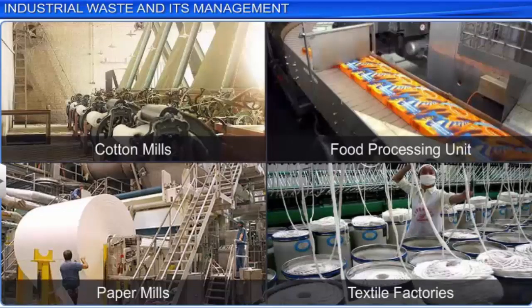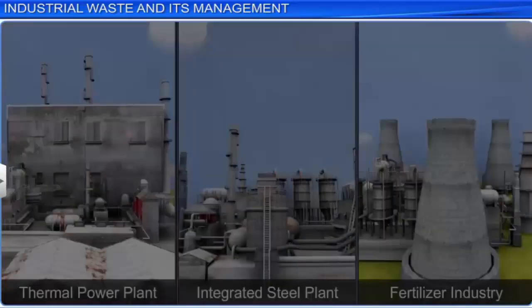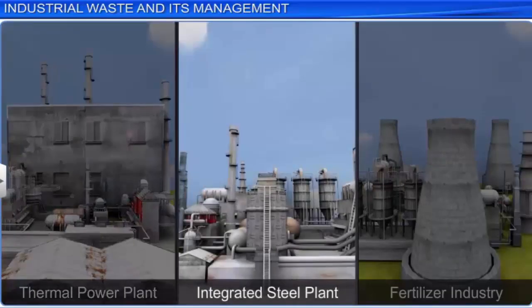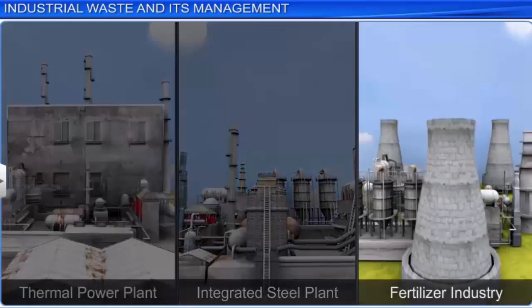Biodegradable waste is produced in industries like cotton mills, food processing units, paper mills, and textile factories. Non-biodegradable waste is produced by thermal power plants, integrated iron and steel plants, and fertilizer industries, among others.